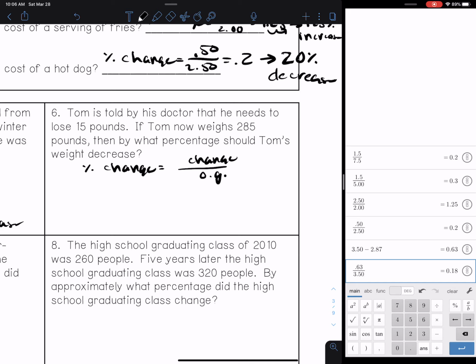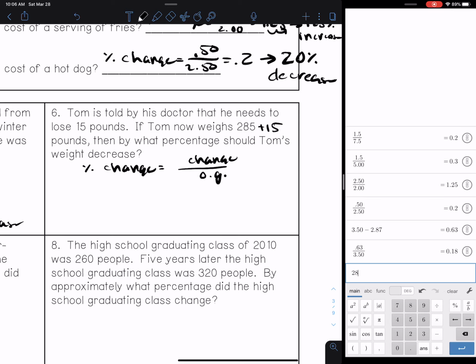Now the original amount. If Tom now weighs 285 pounds and he lost 15 pounds, how much was his original? Well, it was 285 plus 15. That's going to give me 200, or not 200. 285 plus 15, that's 300, right?